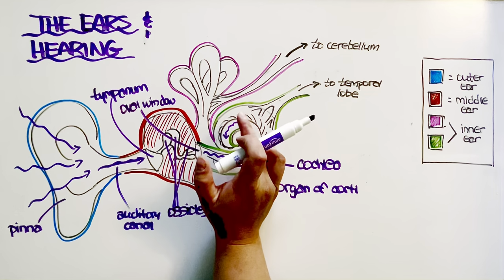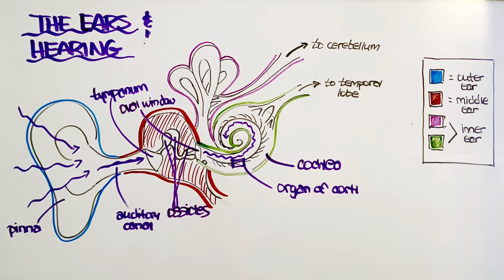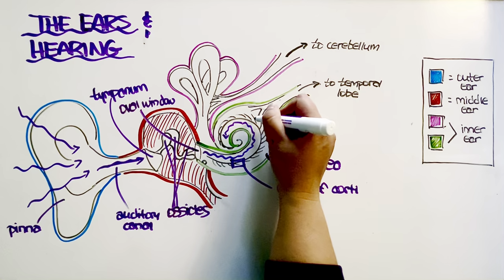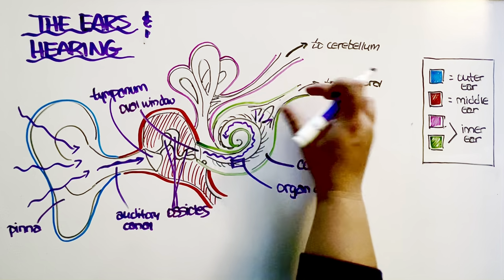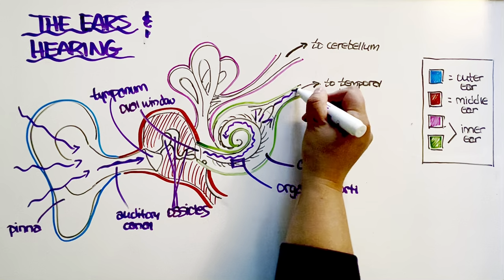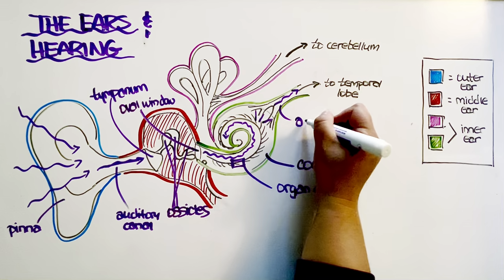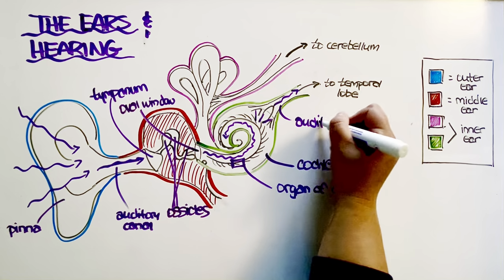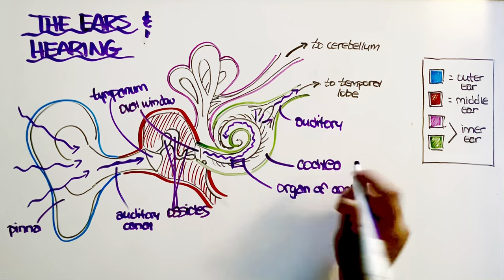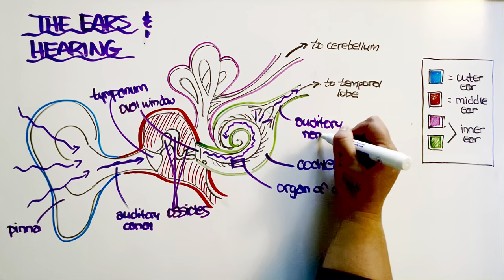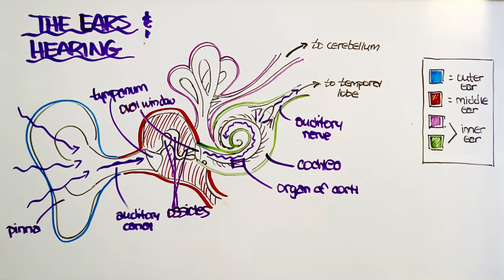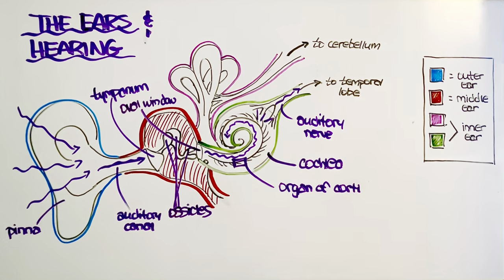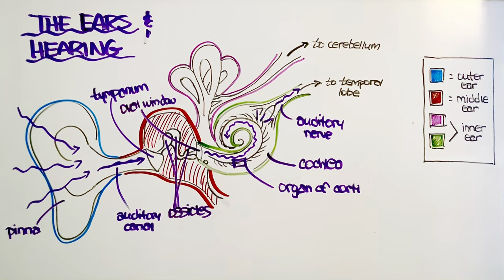And every time one of those hair cells vibrates, it generates an action potential, which is then picked up by this nerve here, called the auditory nerve, sometimes also called the cochlear nerve. And then those action potentials are sent to the temporal lobe of the brain for processing.